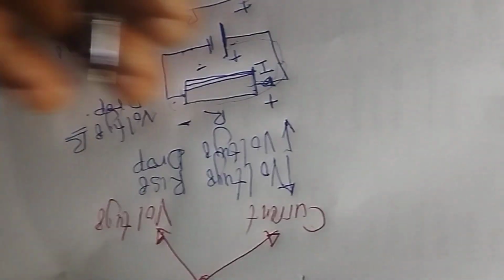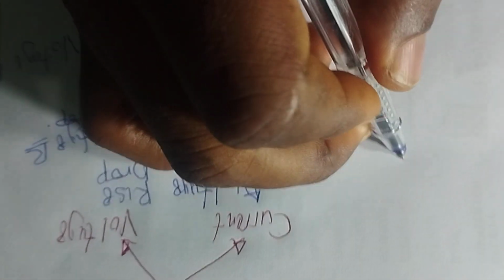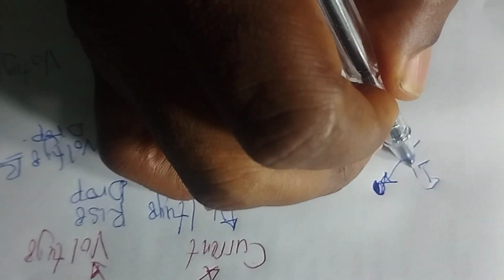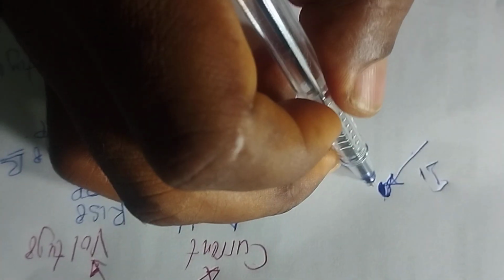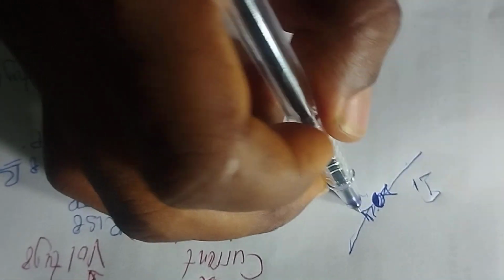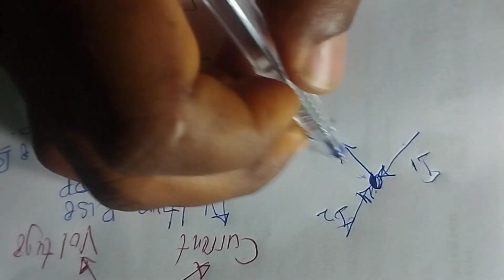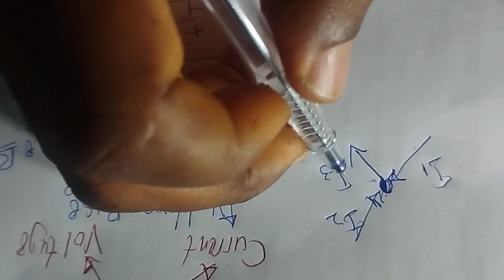Now let's move down to Kirchhoff's current law. The current law says that at a junction, let's say this junction is this dot, if the current entering, I call it I1, is entering this junction, another current I2 is also entering. This current here, I3, is leaving the junction.